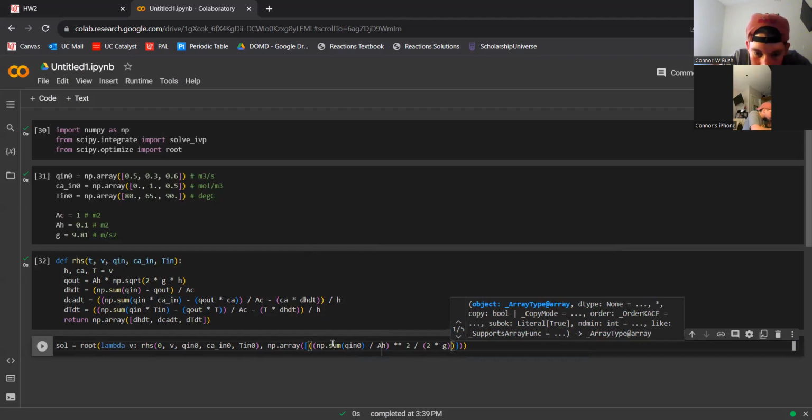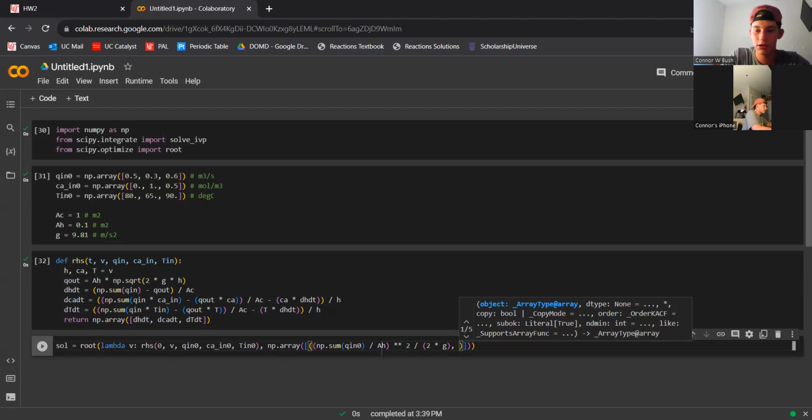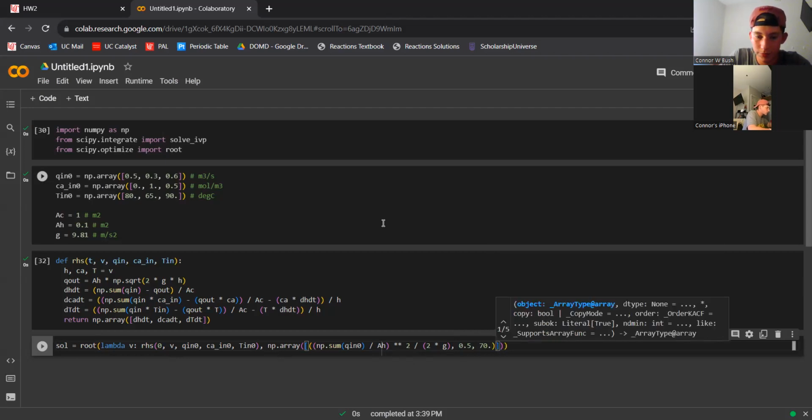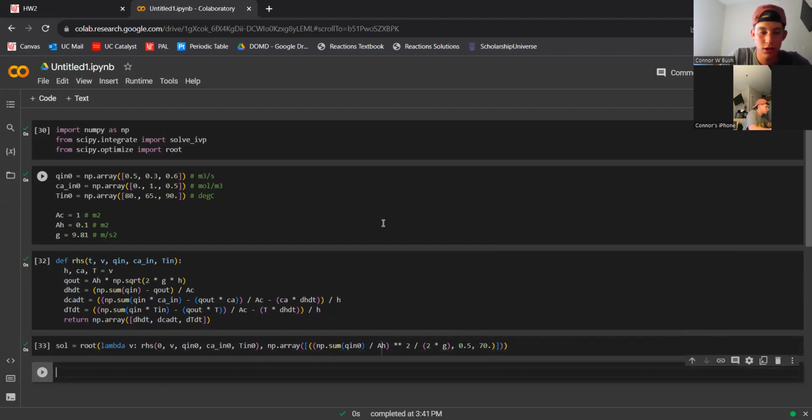Let me make sure my parentheses line up here. Great. And then initial guess for concentration, we're just going to call that 0.5, and then 70 degrees for the temperature. Make sure that looks good.